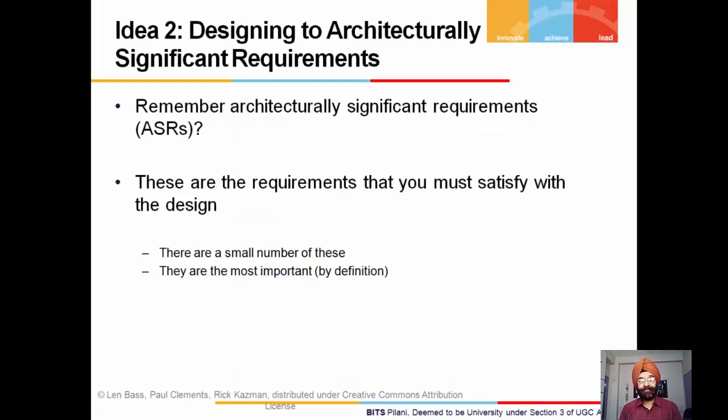The second idea was designing to architecturally significant requirements. These are significant requirements that have to be satisfied with the design. If these architecturally significant requirements are not satisfied, the stakeholders are not going to be happy. These are the requirements that have been prioritized by the stakeholders.